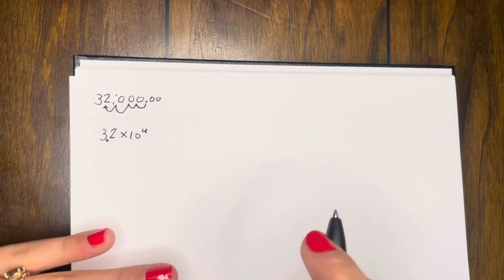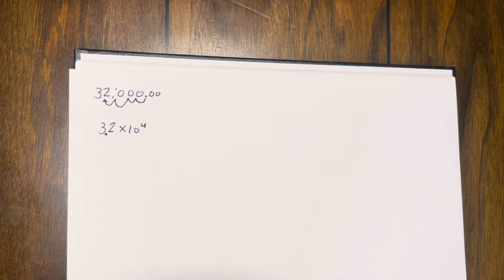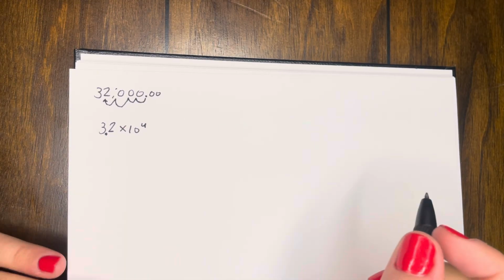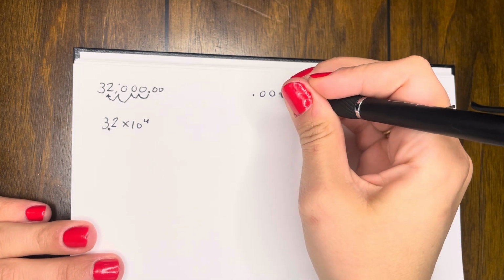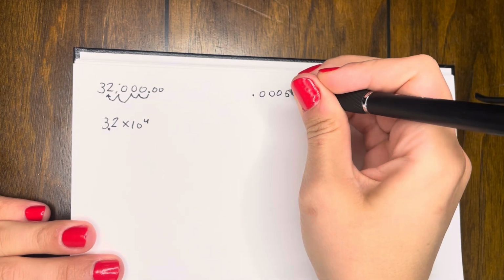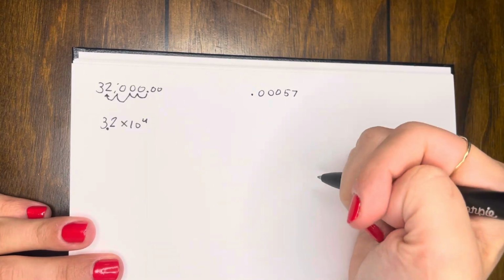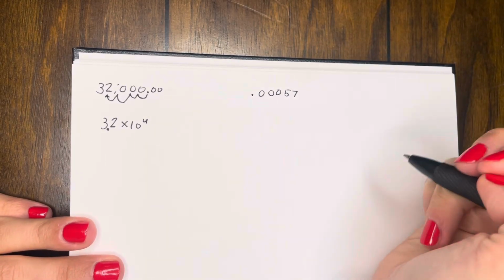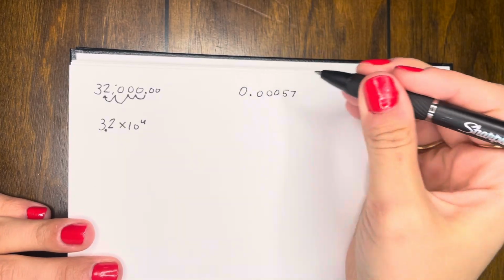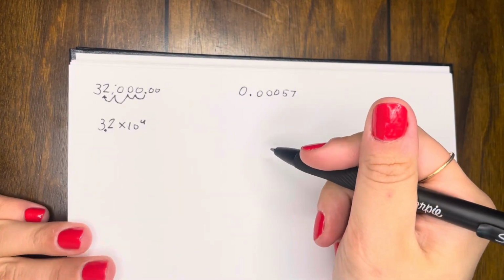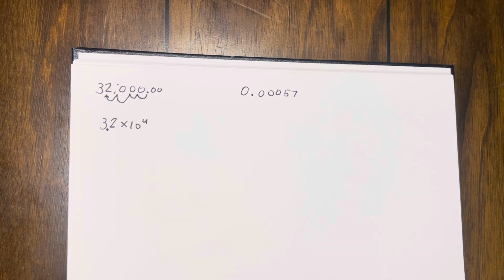Now we're going to do another one. And this is going to be a small number in scientific notation. So we are going to try to write 0.00057 into scientific notation. So what you're going to do here is take the decimal point that's already present, and you're going to move it so that you have a number that is between 1 and 10.